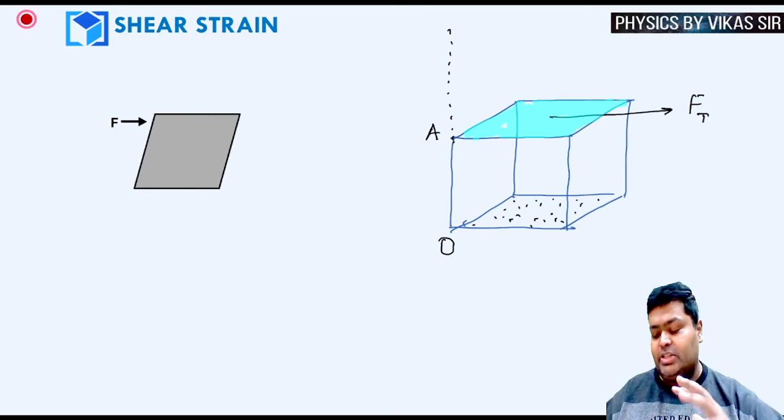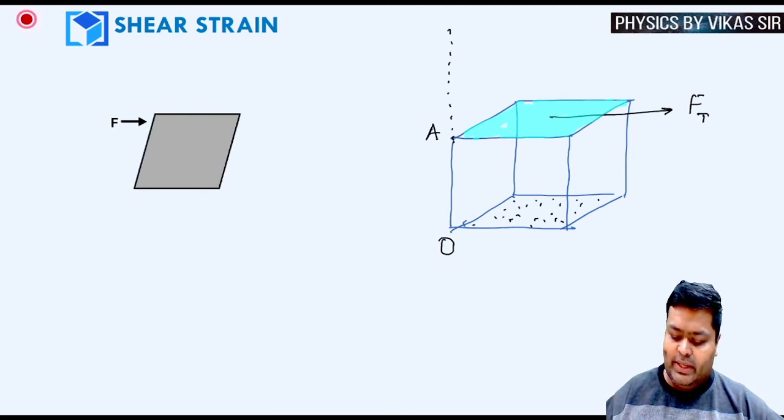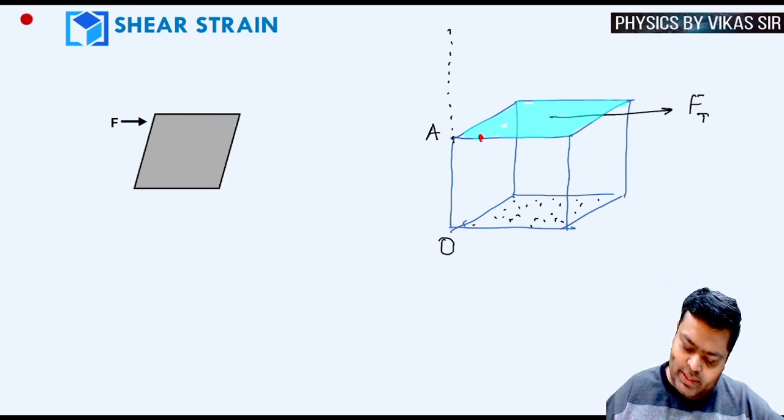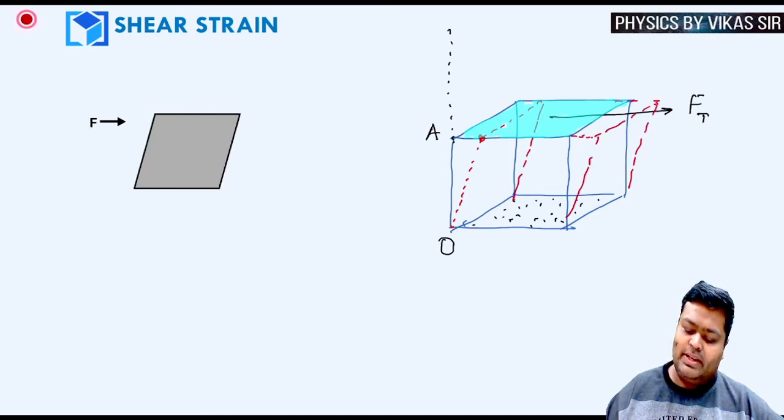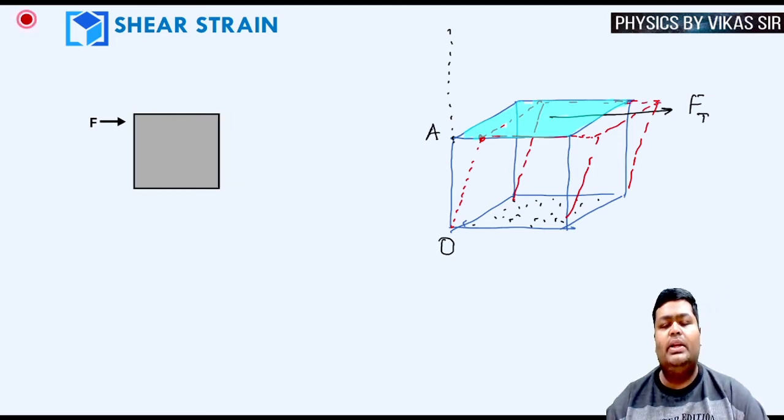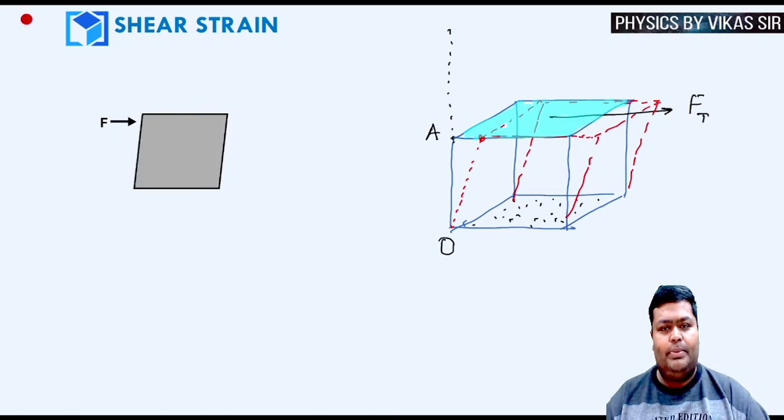The entire structure actually gets rotated. This particular point reaches here, and so this entire structure gets a change in shape. Let's identify the shape. So we can say a cuboidal structure has been converted into a parallelepiped.